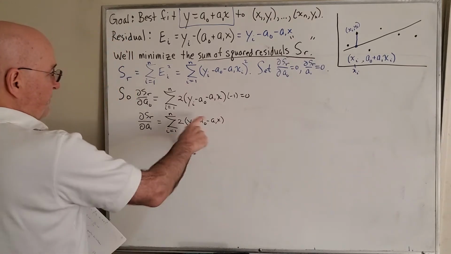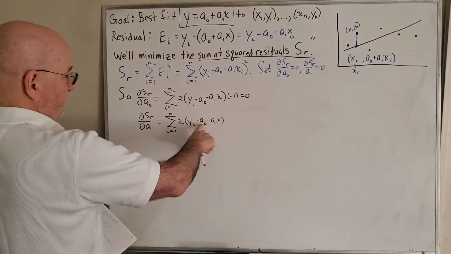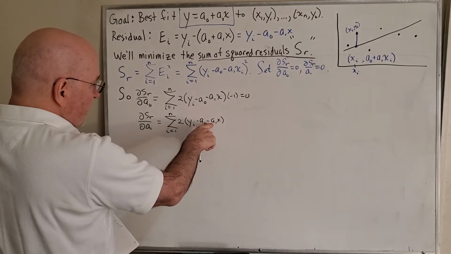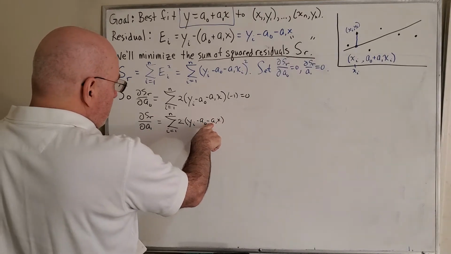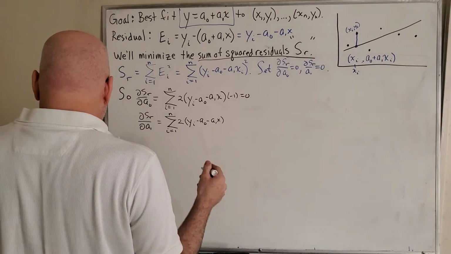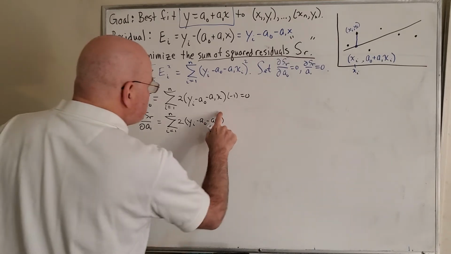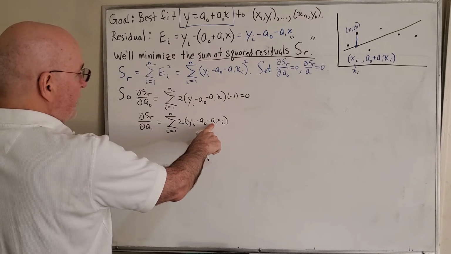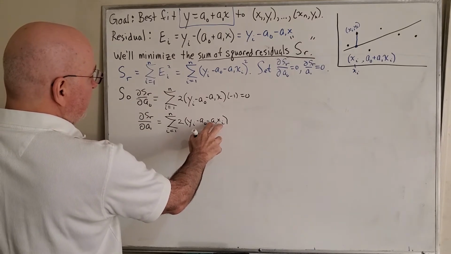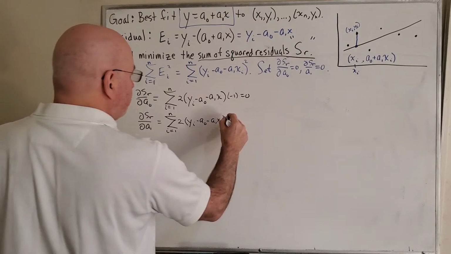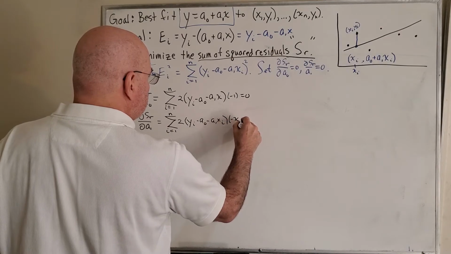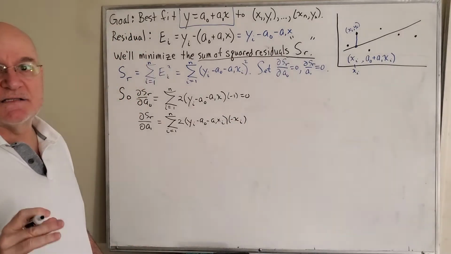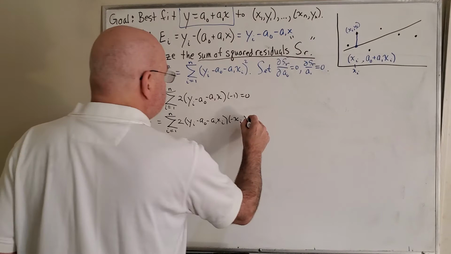Now what do we have to multiply it by? The inside derivative with respect to a1. If we're taking the derivative with respect to a1, this is actually an xi. What's the derivative of a1xi with respect to a1? Negative xi. Remember, the xi's and the yi's are known to us.